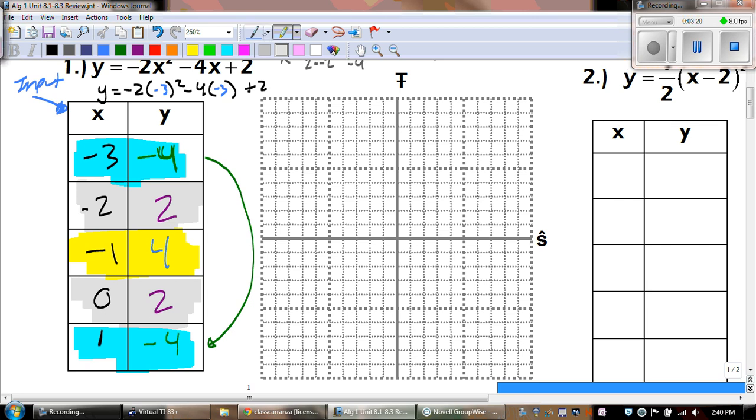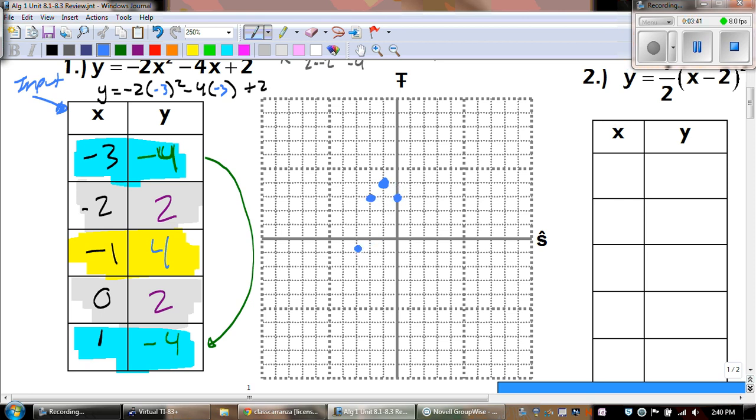All right, let's go ahead and graph. Our vertex is -1, 4. And then we have 0, 2, and -2, 2.